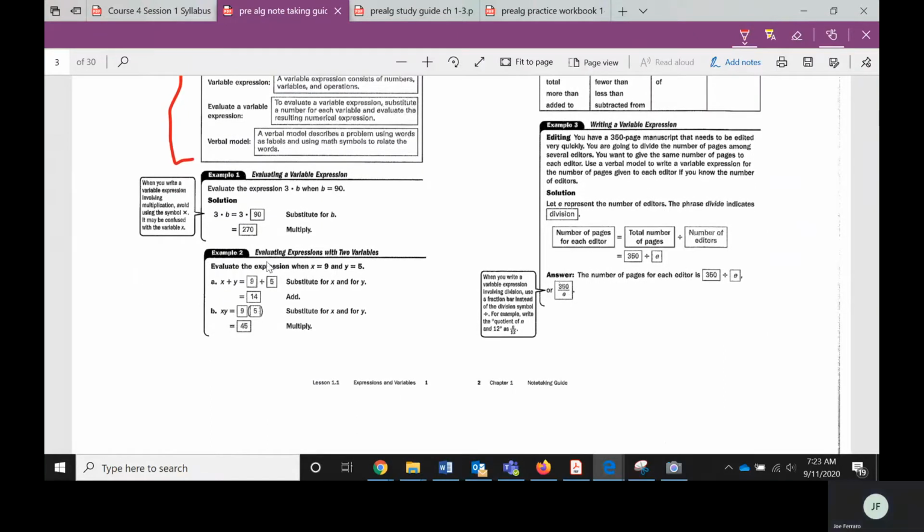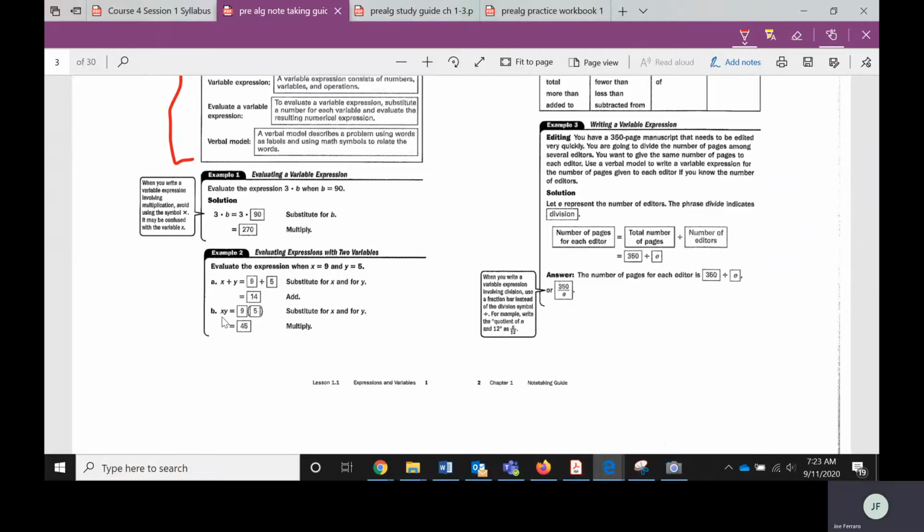Next, you can have more than one variable. Okay, so it says evaluate the expression when x is 9 and y is 5. Just make sure you put the correct number in for the correct letter. So x plus y, they just throw in 9 plus 5, gives you 14. xy means x times y.